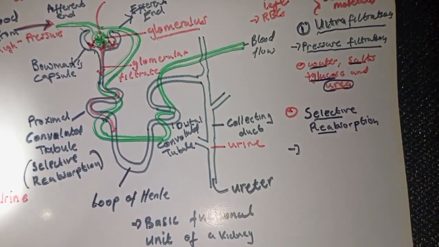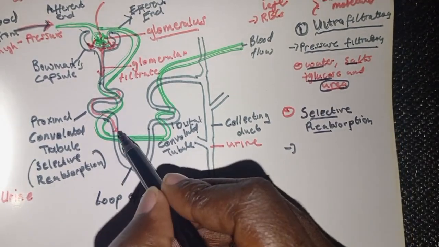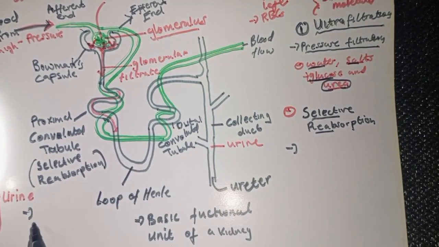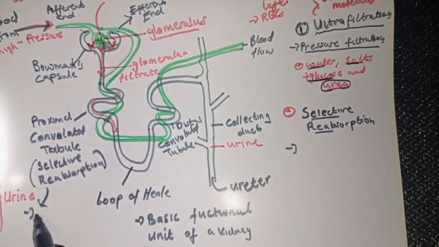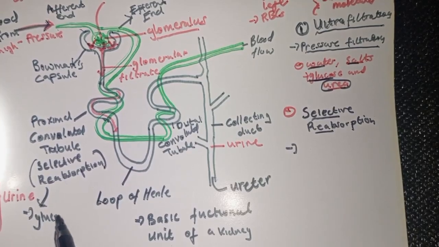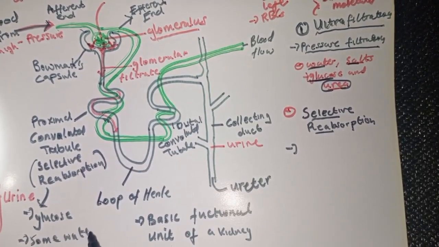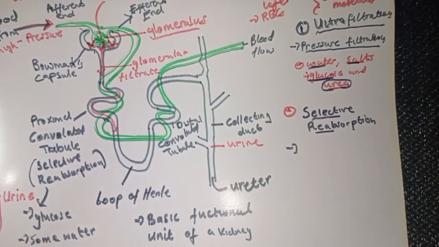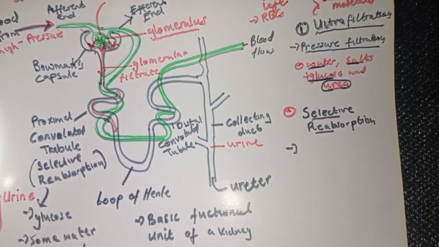Now, some of the things that are reabsorbed here that are important are what? Glucose, also we said some water, we don't need to remove all the water from our body, and some salts. Some salts are very important in our body.